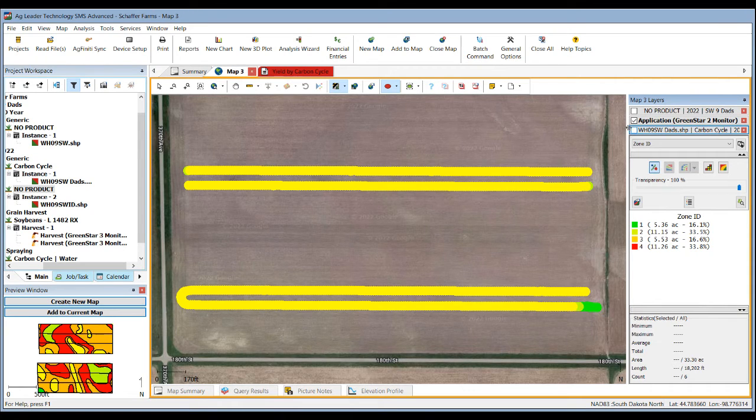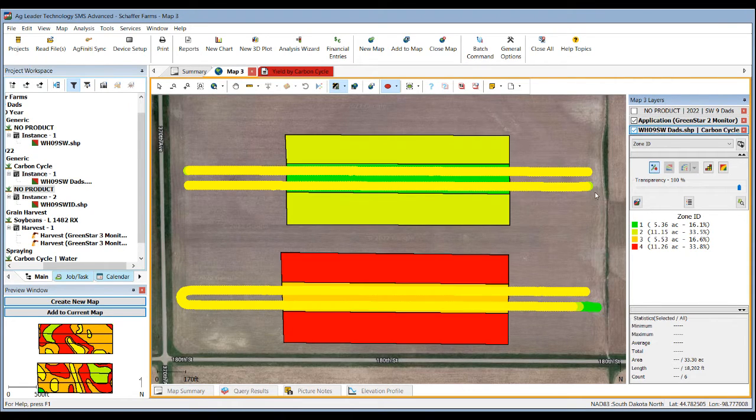So this is what I came up with. The Carbon Cycle is here. The legend calls that area 1. Area 2 is on either side of area 1, no Carbon Cycle. Down here, area 3 is Carbon Cycle. Area 4 is non-Carbon Cycle.